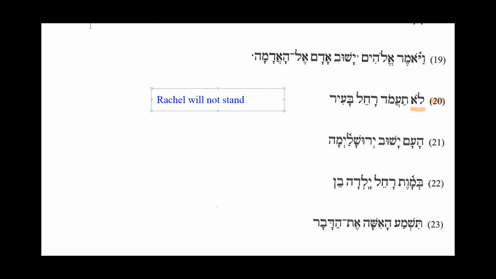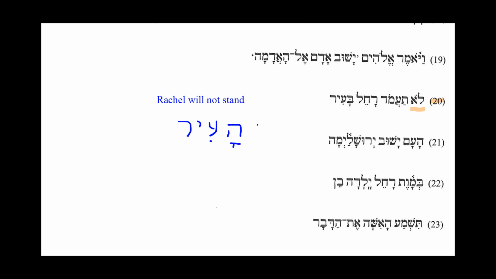Okay, so ba'ir, this is a case where we have a definite article before the word ir, and ayin is one of those gutturals that rejects the doubling. It can't double, and it bounces it back and lengthens the vowel, so it's ha'ir.